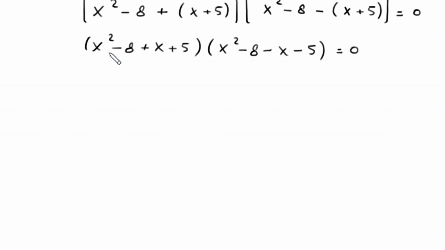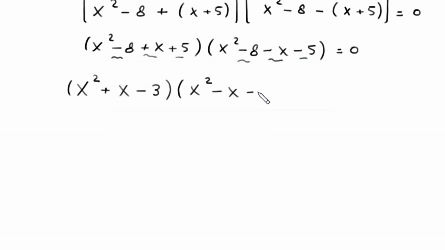Further simplify and rearrange, this will become x squared. We write this plus x first, plus x, and this negative 8 plus 5 will become negative 3 times x squared, this negative x, and negative 8 minus 5 will become negative 13 is equal to 0.